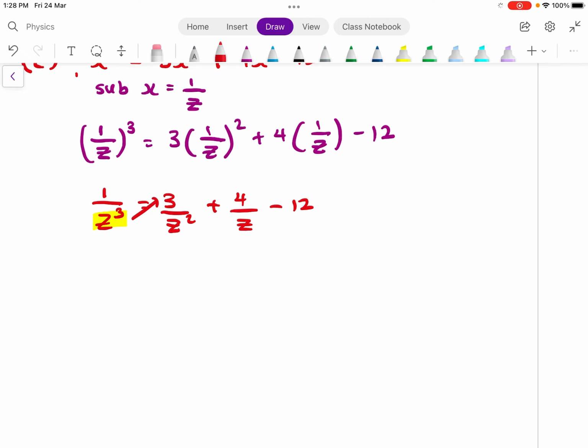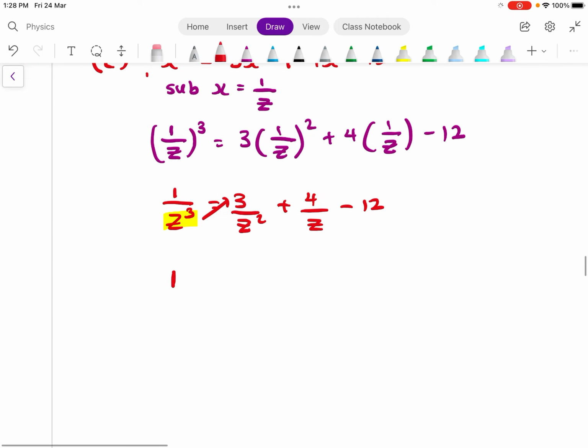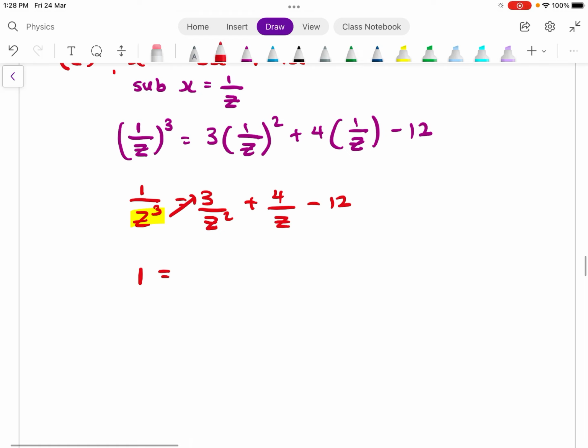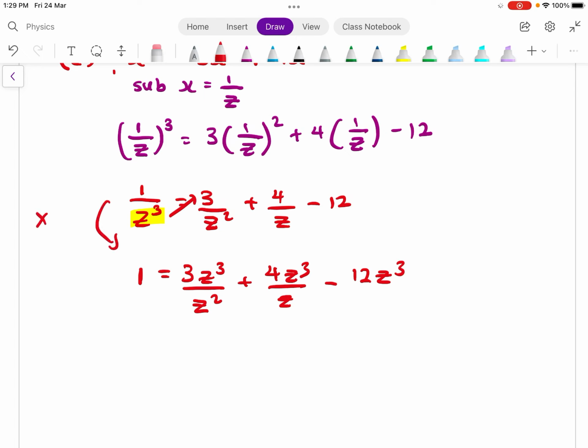When you do that, you get 1 on the left hand side, and the right hand side will be 3z cubed over z squared plus 4z cubed over z, then minus 12z cubed. Another way is to multiply by z cubed on the left and z cubed on the right. You'll get the same result.